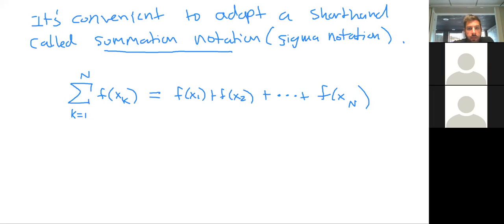This left-hand thing, the way you got to read this, this is first the Greek letter sigma. Why do we use it?